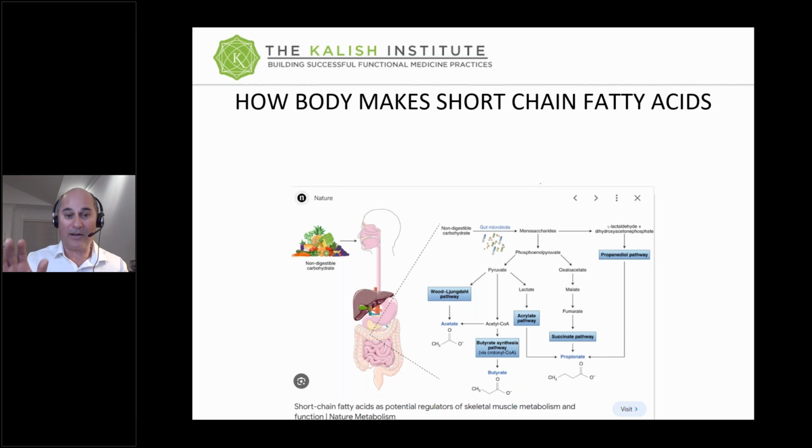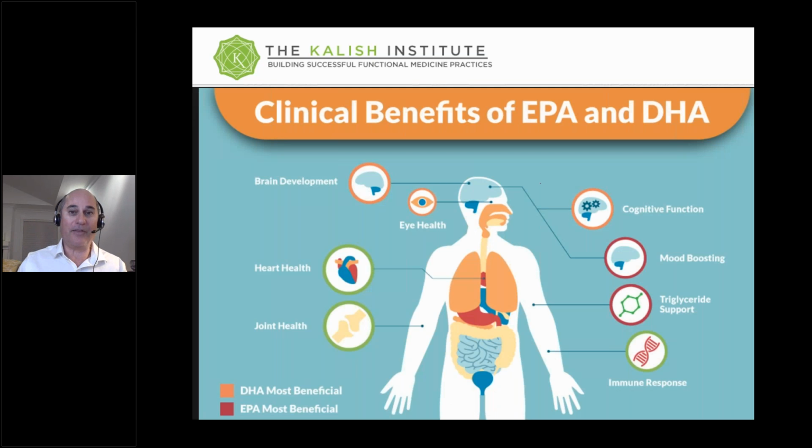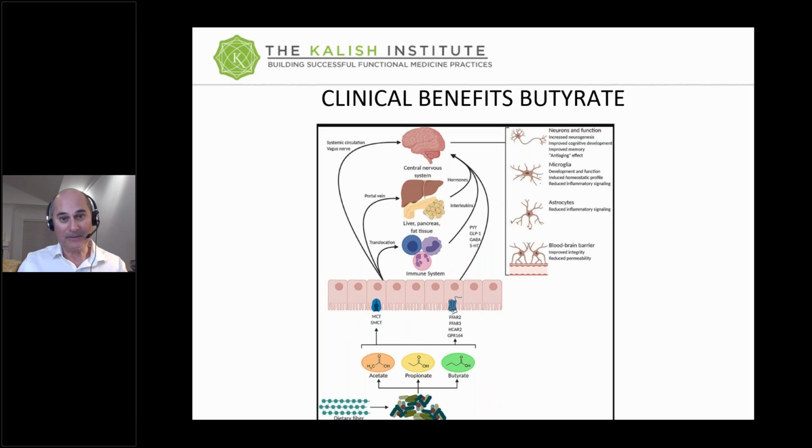This is going to require a couple of minutes to think about, but your gut microbiome produces short chain fatty acids. Your gut microbiome makes fatty acids from fiber. And the famous one is called butyrate.